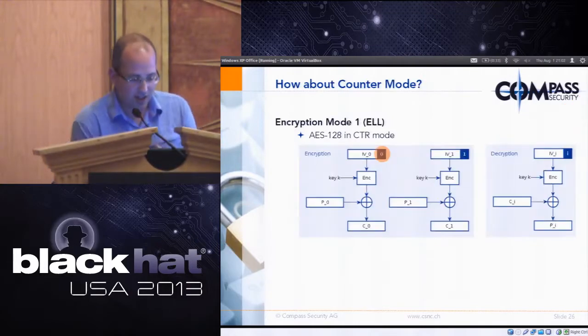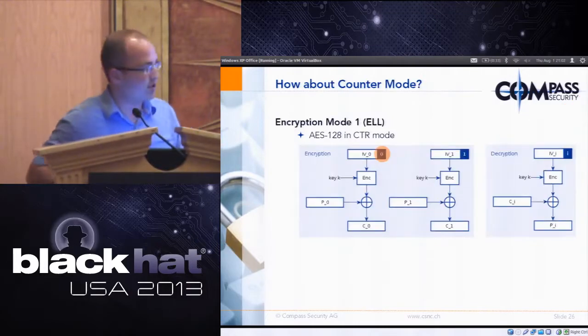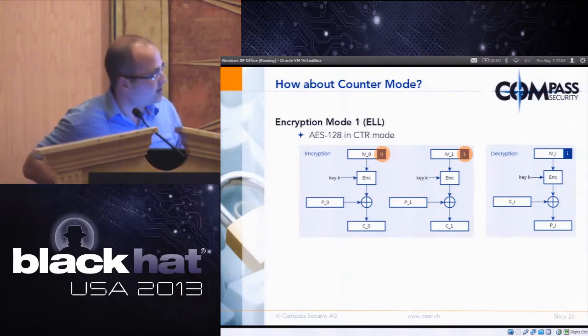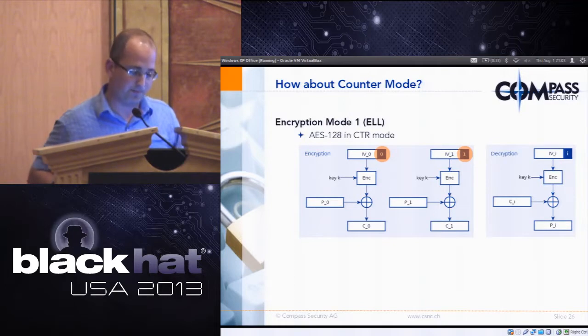Okay, then I thought let's have a look at the encryption mode 1 of the extended link layer. That's actually not CBC, it's counter mode. So counter mode means you take a number as an IV and then you just increment it over time, and you're going to encrypt it and XOR it with the plain text.